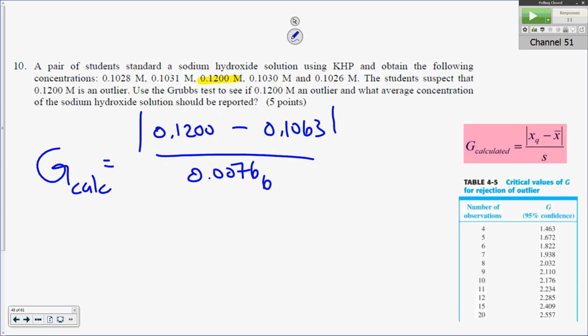And I get 1.788. Now I need to go to my data table and see if I can reject it.